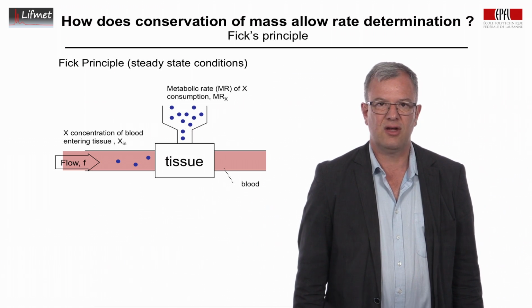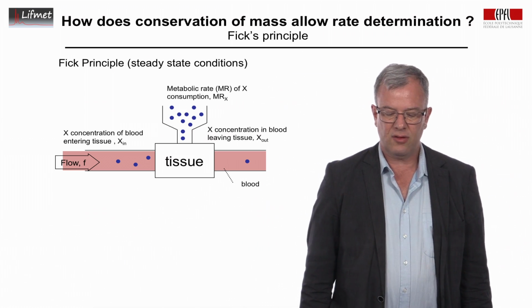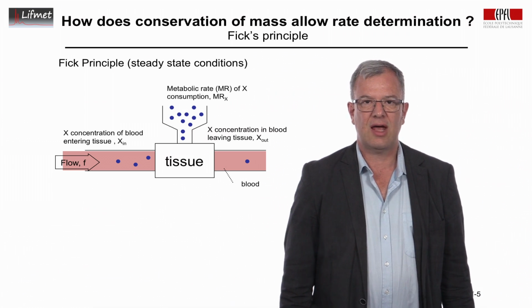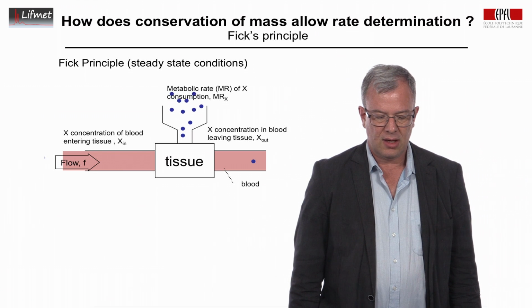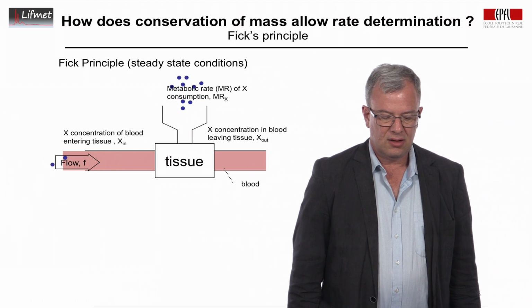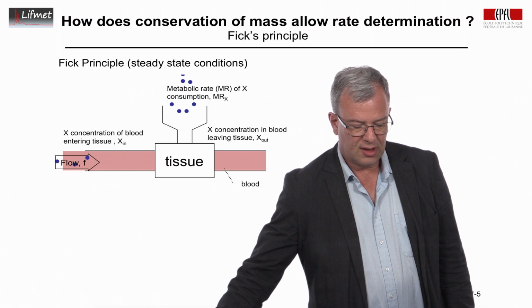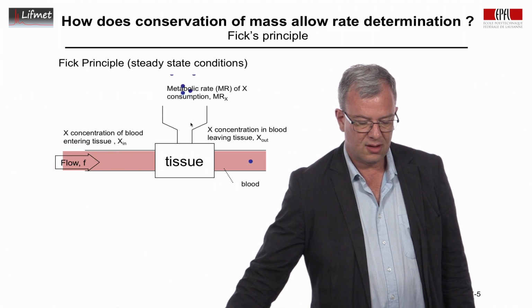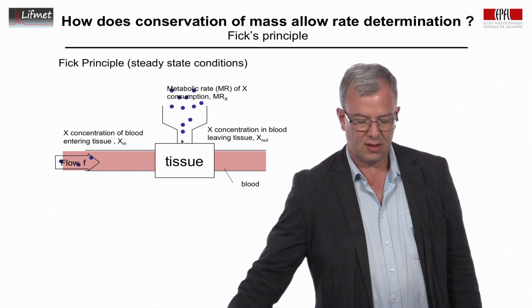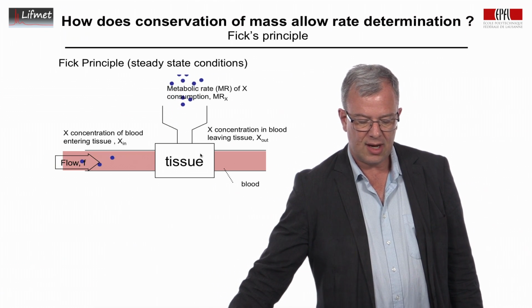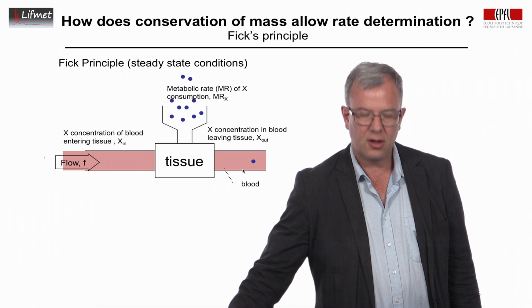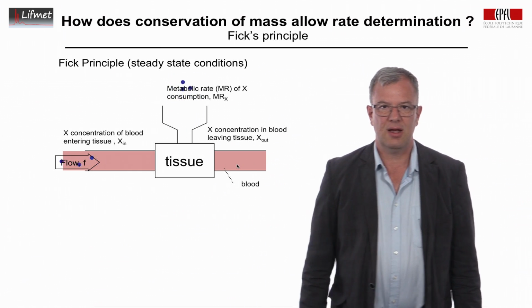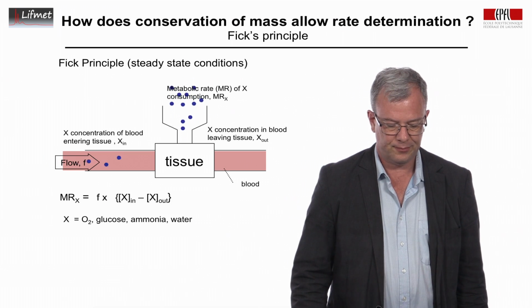I'll call this concentration X in, and we'll have a concentration of this compound in the blood that leaves the tissue, and we'll call that X out. And so now the blood supplies a certain number of molecules per second, and fewer molecules per minute are leaving the tissue by the bloodstream.